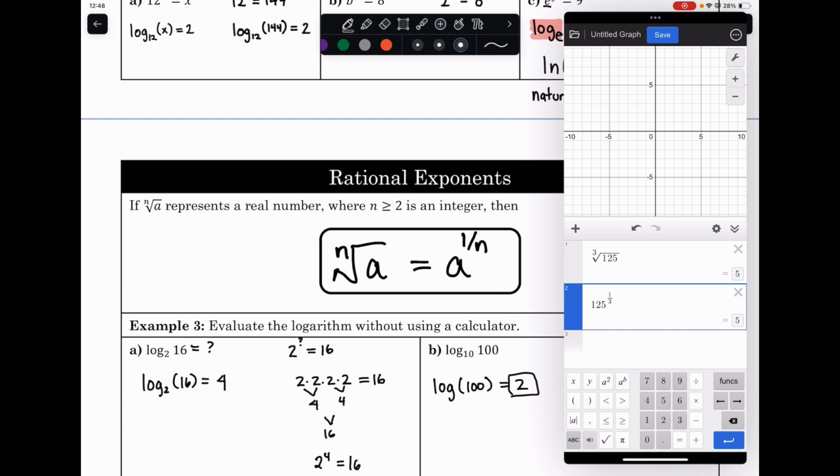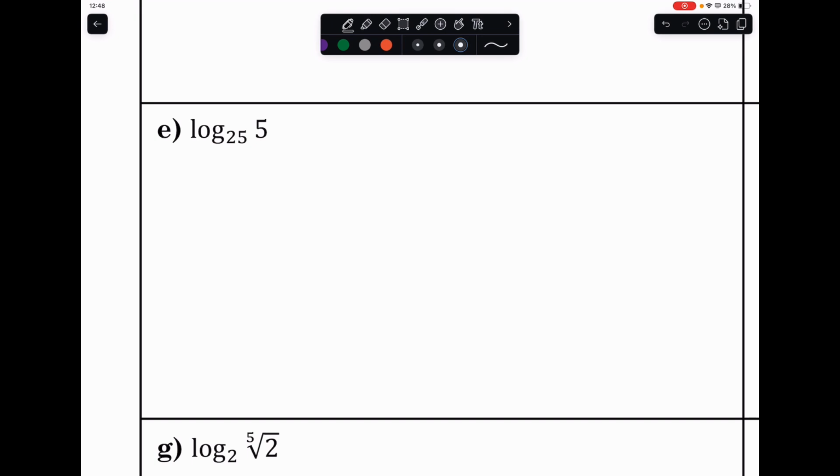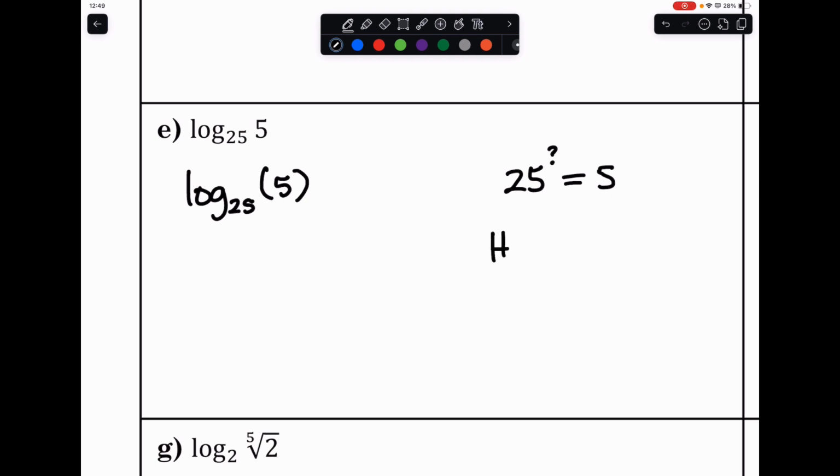So for example, look at example E. Here we want to evaluate log base 25 of 5. In exponential form, that means 25 needs to be raised to a power in order to equal 5. The hint here is understanding what we're trying to do. We're trying to go from this right here to that. Well, I know that 5 to the second power is equal to 25.